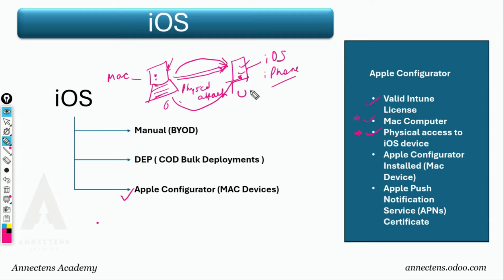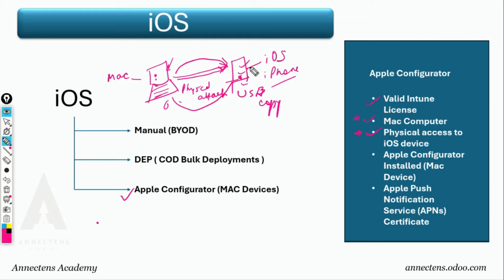You can also do this using a USB, but I never tried the USB copy. It was always through the cable, a physical attach. We created an enrollment profile and copied that profile to the device.